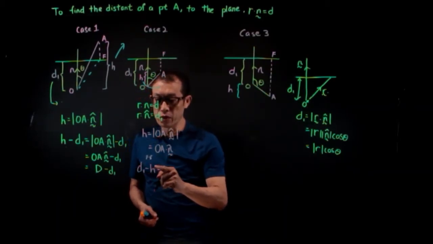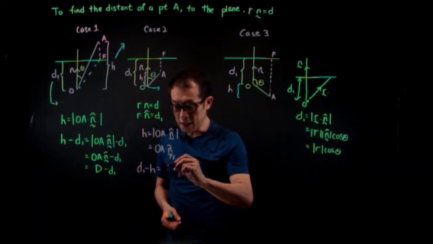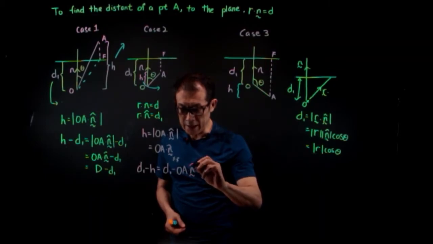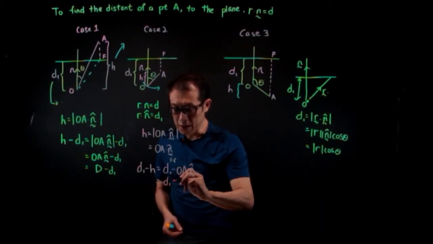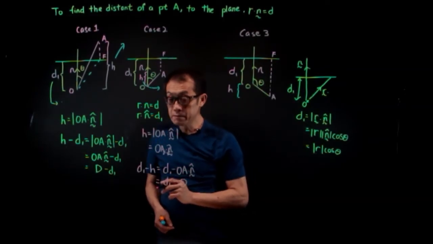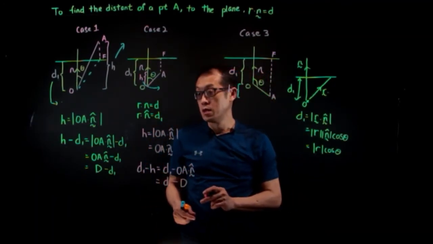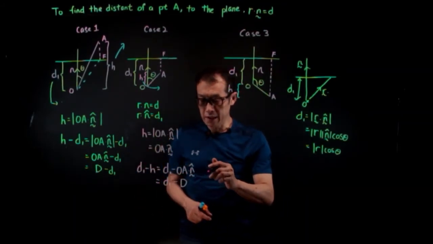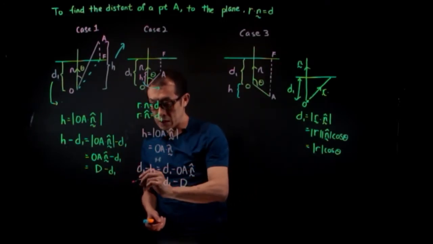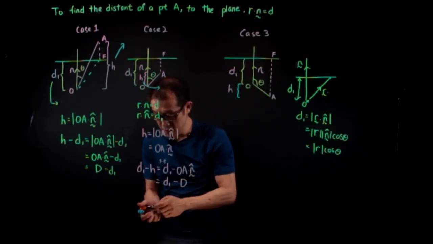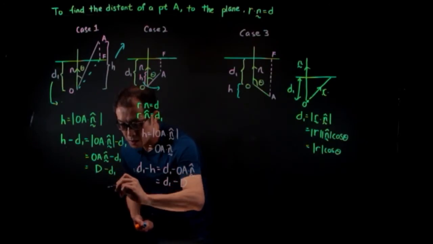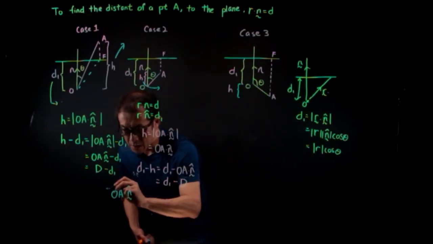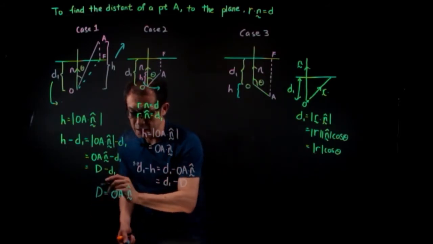What is h? h is OA dot unit vector n, so that gives d1 minus big D. In both of these scenarios, OA dot n is equal to d.